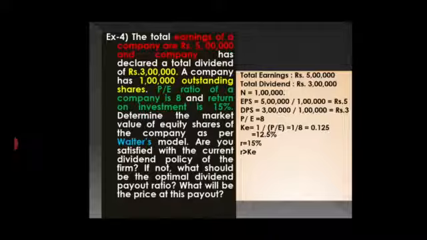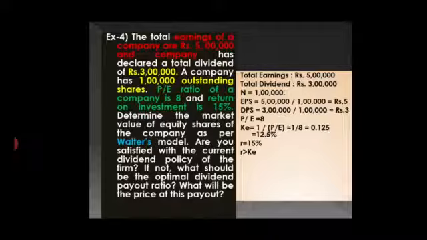So first of all, find out earning per share, because in the Walter model, whenever we are doing the calculation, it is always per share earning and per share dividend. So 5 lakh total earning divided by number of shares 1 lakh, so earning per share is 5 rupees. Dividend per share is 3 rupees. Price earning ratio is given 8.